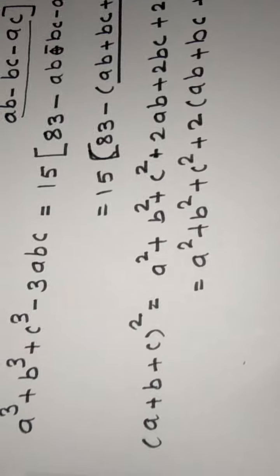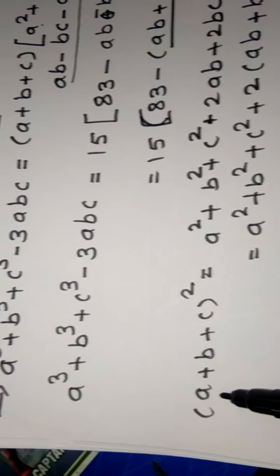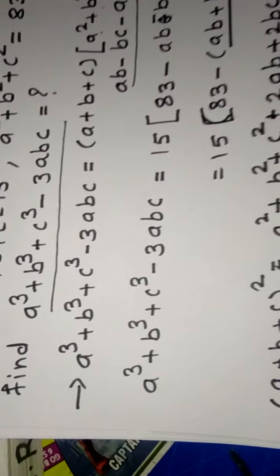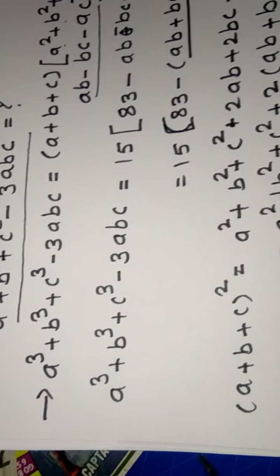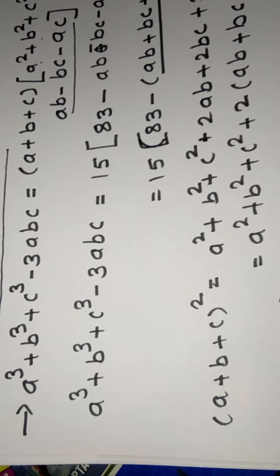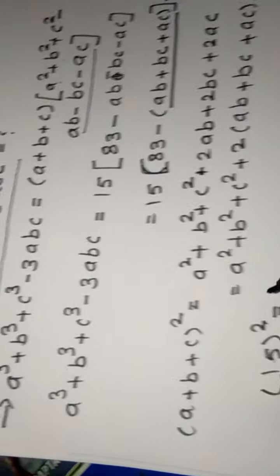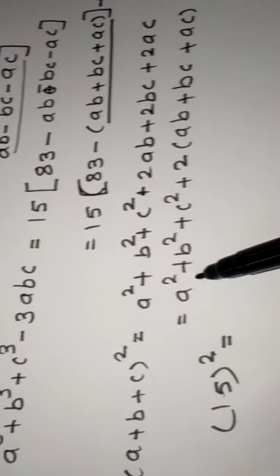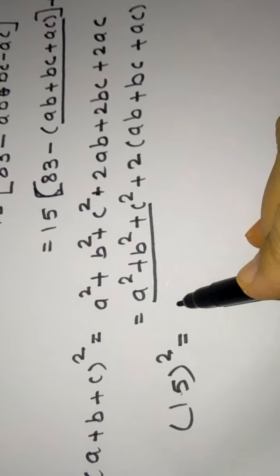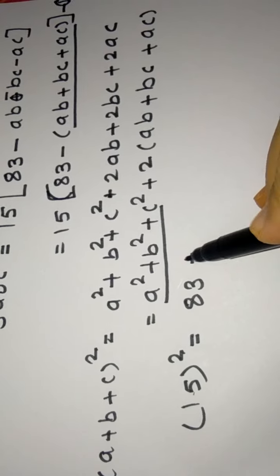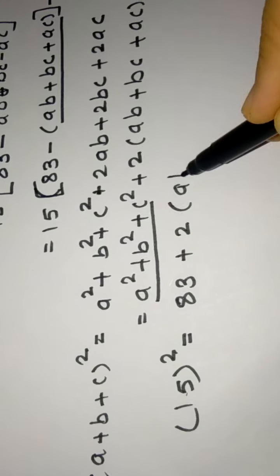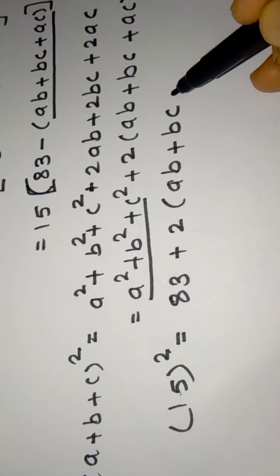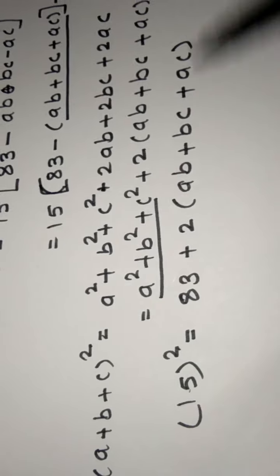Now put the values which we know. We know the value of a plus b plus c is equal to 15. 15 square is equal to the value of a square plus b square plus c square, which is 83, plus 2 into ab plus bc plus ac.